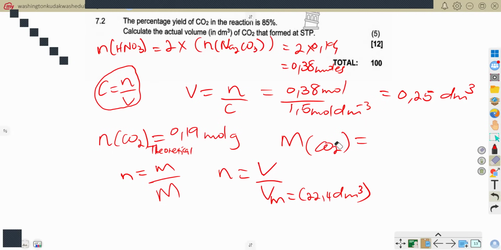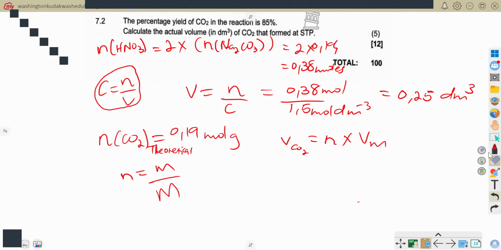So let's erase the things to do with the molar mass. For me to find the volume of carbon dioxide, I would say the number of moles times the volume at STP. So you would end up having a volume equivalent to 0.19 times 22.4 decimeter cubed.